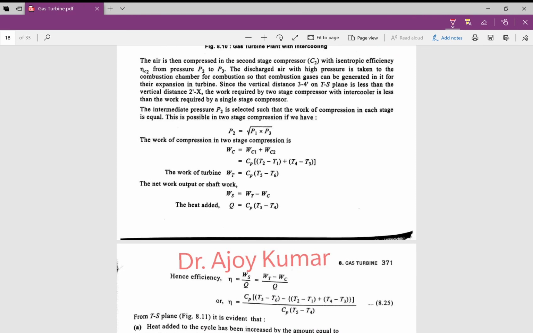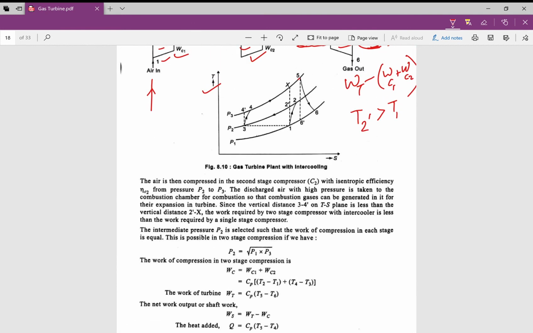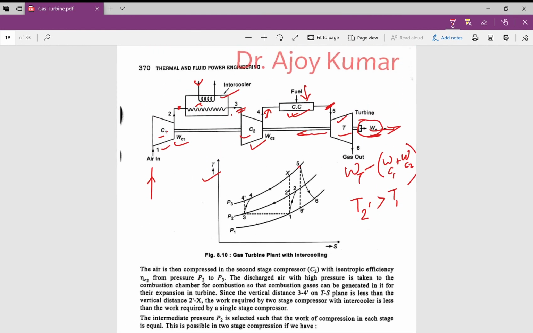Now we have seen in the case of compressors, for perfect intercooling, when this intercooler is perfect, what could be the intermediate pressure? Because you see, this is your pressure P1, air enters the compressor, is compressed from 1 to 2, then it is cooled down in the intercooler, and again it is compressed from 3 to 4.